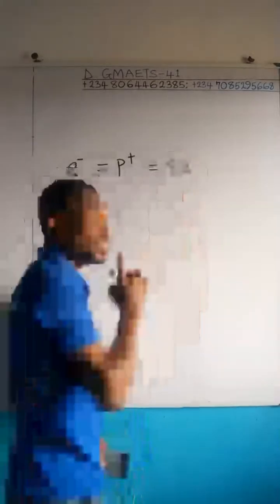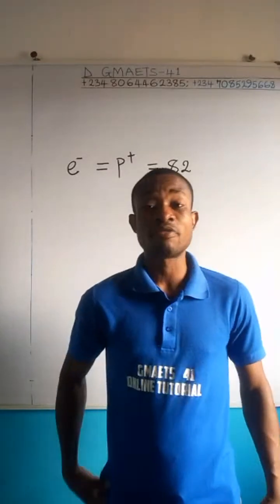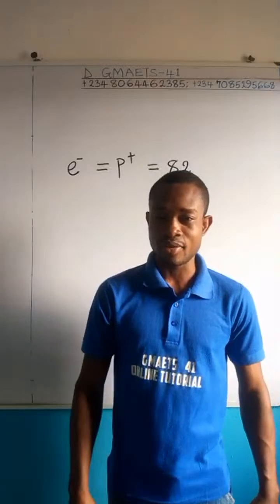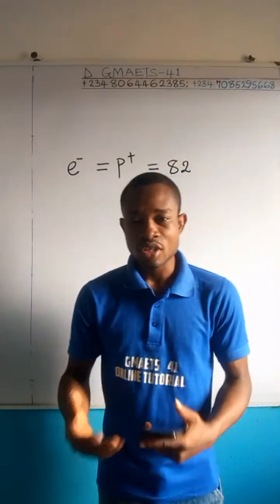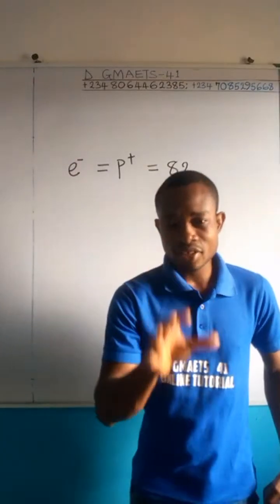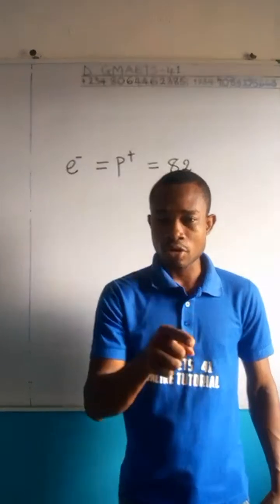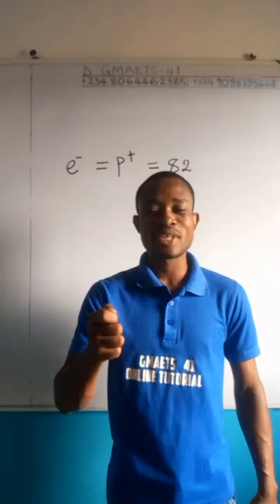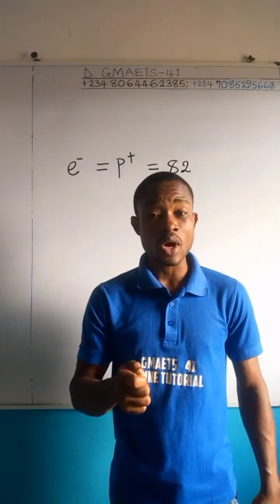Good. 82 protons. How do we now determine what the atomic number of element X is going to be? This is where we set out the condition that for an electrically neutral atom, the number of electrons is also equal to the atomic number.